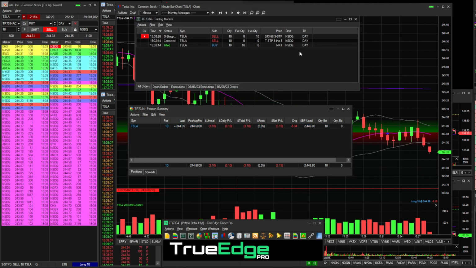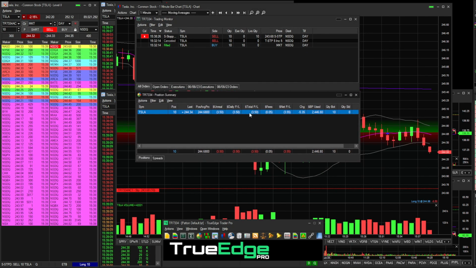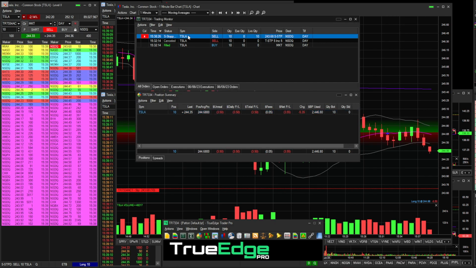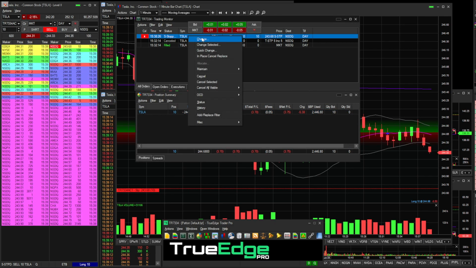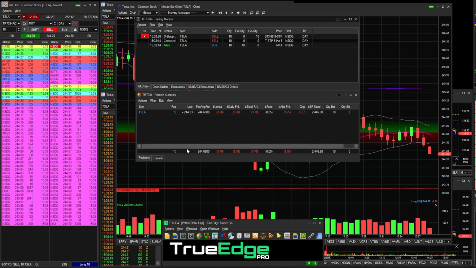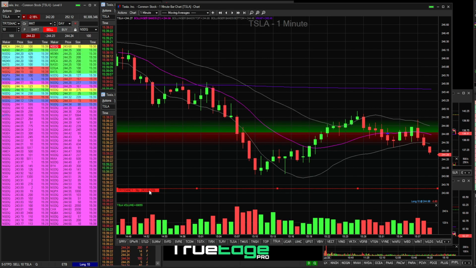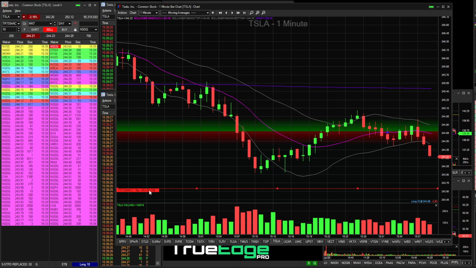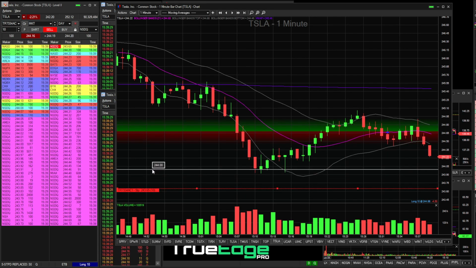Now, if I want to adjust that, I could adjust it by right-clicking here to change the stop. I could do that. Or I can drag it. If I click here, left-click on the mouse, notice that these dots appear. And I could do like this, drag it up, drag it up, drag it up.